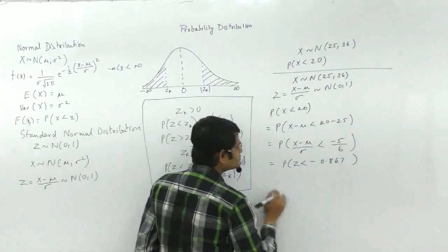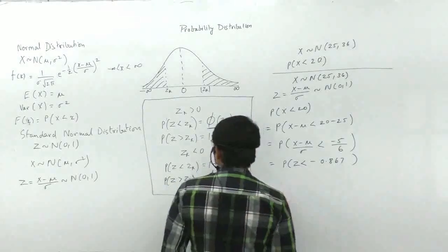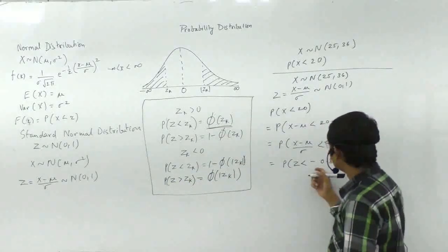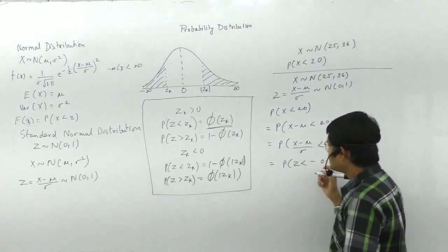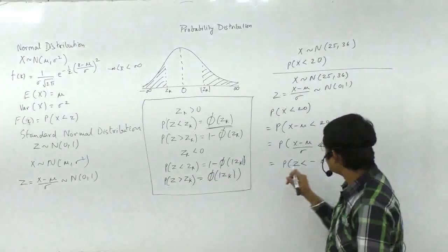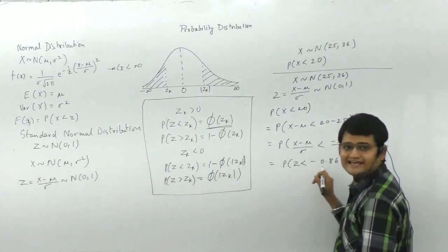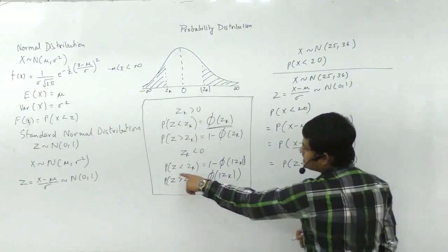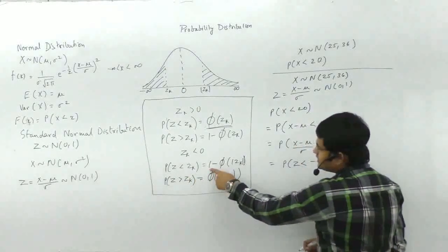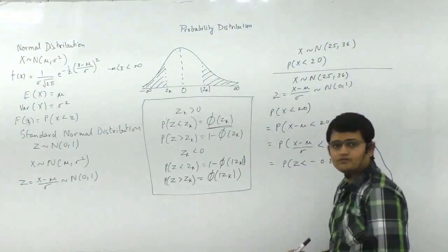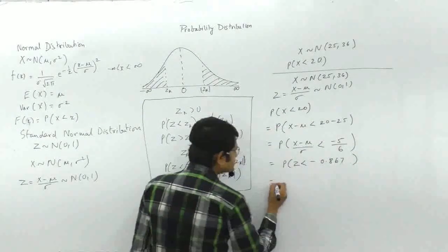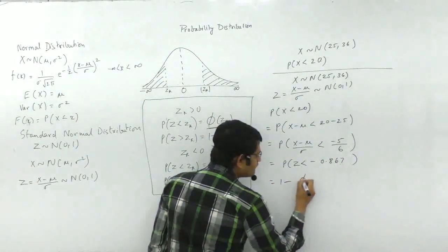First of all, zk is negative. If we have a negative value and we need to find the probability z less than the negative zk, we'll need 1 minus phi of mod zk. So I can say this is nothing but 1 minus phi of 0.867.